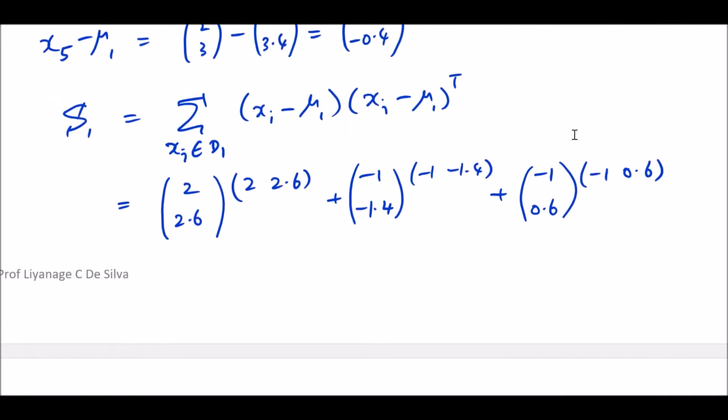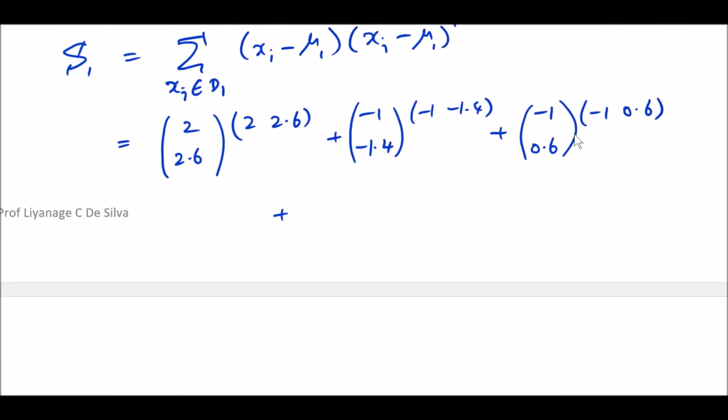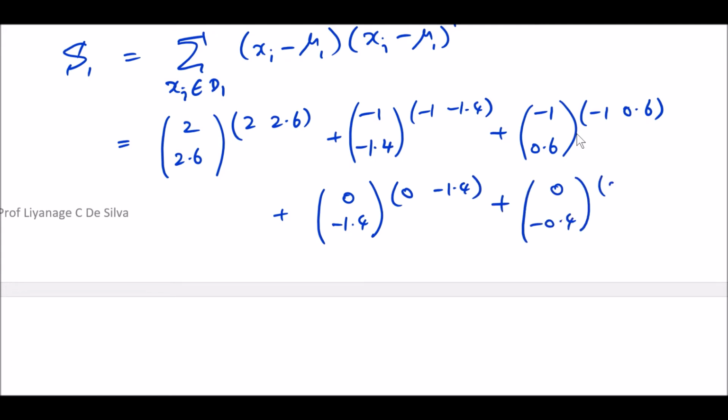We have 5 points. x4 is 0, minus 1.4, and the last point is 0, minus 0.4 times its transpose.